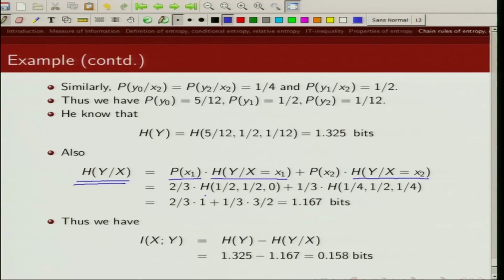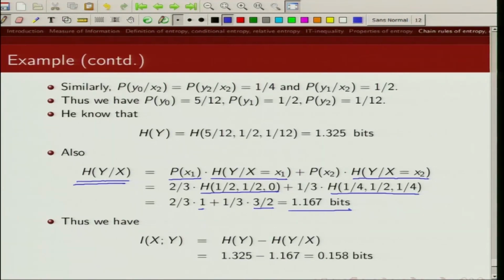This is basically minus half log of half, and the uncertainty in y given x2 is minus 1 by 4 log of 1 by 4, minus half log of half, and minus 1 by 4 log of 1 by 4. This is just following the definition of entropy. So if we do that, this term comes out to be 1 and this term comes out to be 3 by 2.